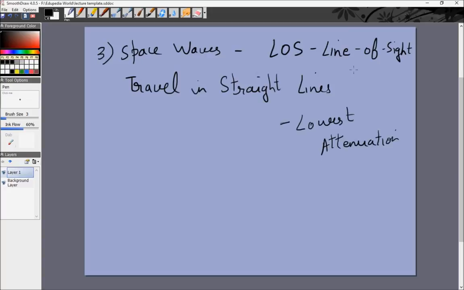A problem with this line of sight communication occurs because of the curvature of the earth. So because the earth is not flat, you generally may or may not have the receiver and the transmitter sharing a line of sight. So let's say this is the transmitter and let's say this is the receiver.